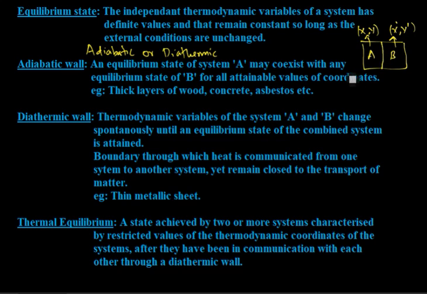Then an equilibrium state for the system A may coexist with any equilibrium state of the system B for all attainable values of the four quantities x, y, x prime, y prime, provided that the wall separating the two systems is able to withstand the stress associated with the difference between the two sets of coordinates.